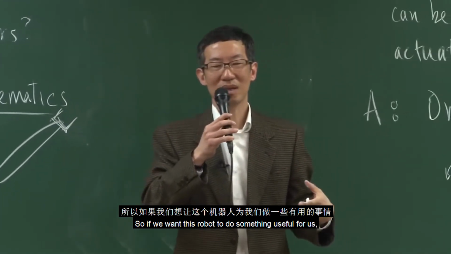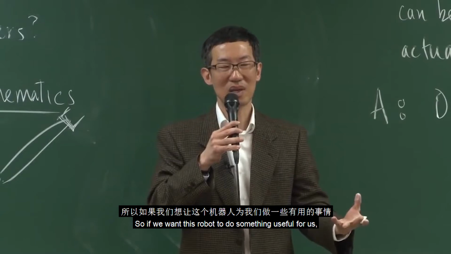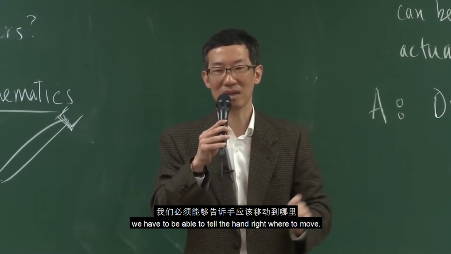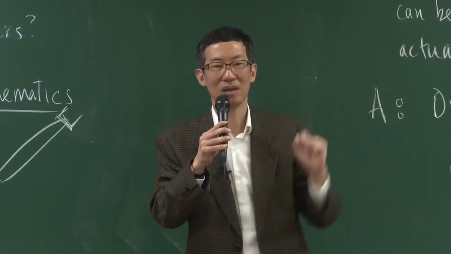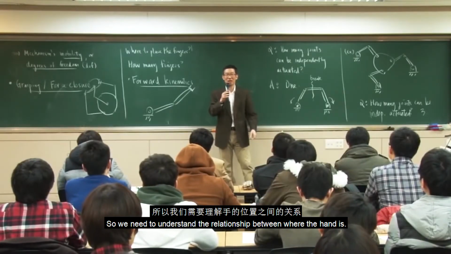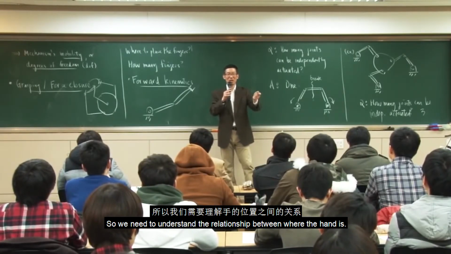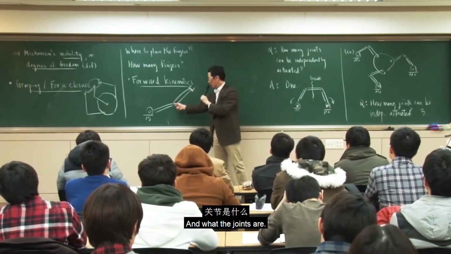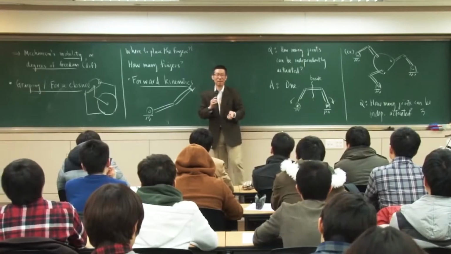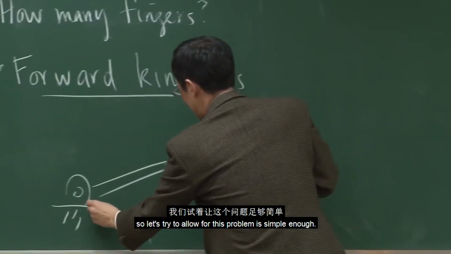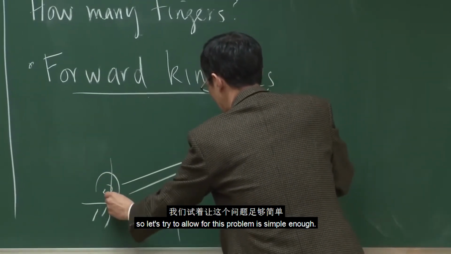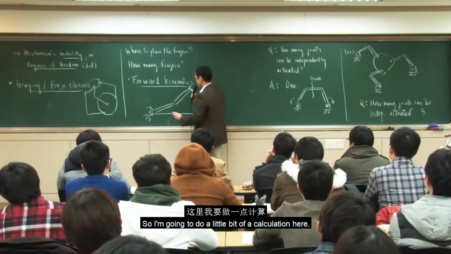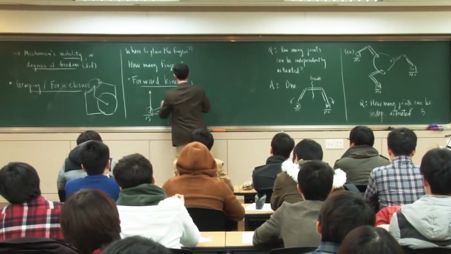If we want this robot to do something useful for us, we have to be able to tell the hand where to move. So we need to understand the relationship between where the hand is and what the joints are. For this problem, it's simple enough, so I'm going to do a little calculation.